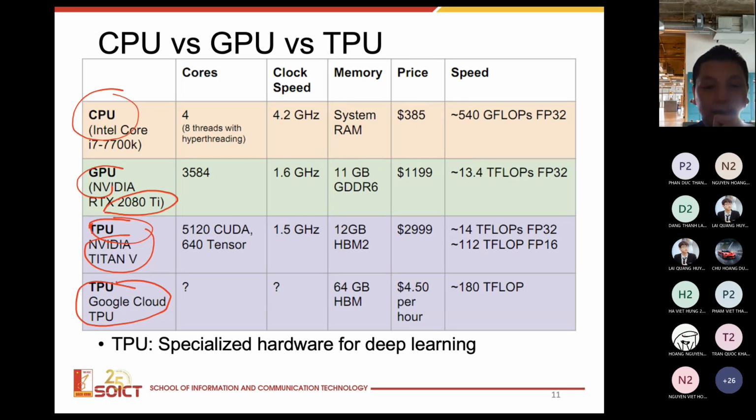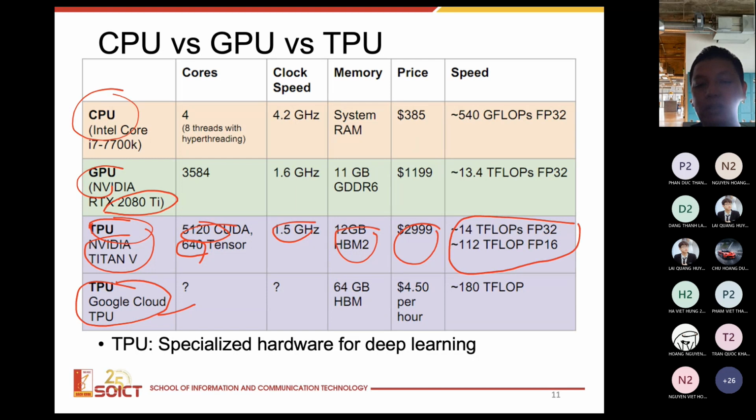For the number of cores, we have no information about the TPU of Google Cloud, but for NVIDIA you have much more cores. It has more than 5,000 CUDA cores and 684 tensor cores. The clock speed is a bit smaller, you have more RAM, it's more expensive, but in this case you have much more capability.